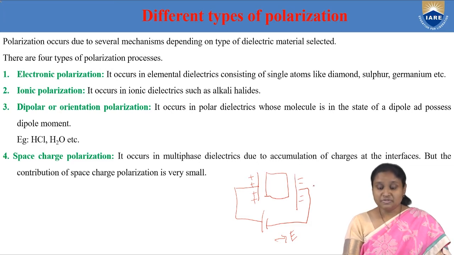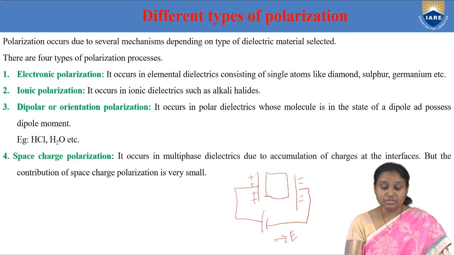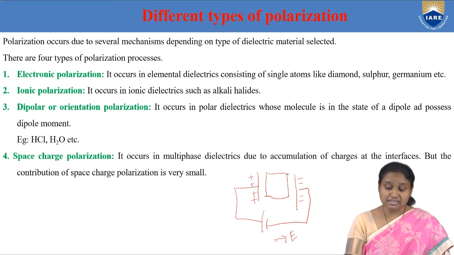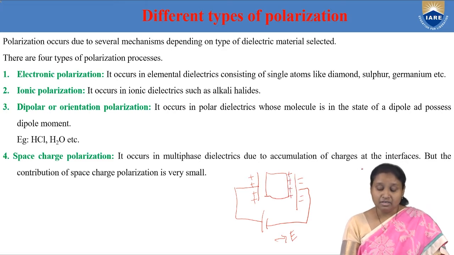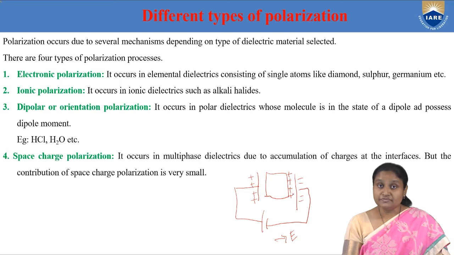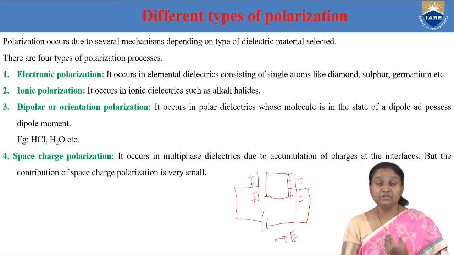Because the right side capacitor plate is negatively charged, all the positive charges present inside the dielectric material are forced to move to the right end. So positive charges inside the dielectric material move in the same direction as the electric field.